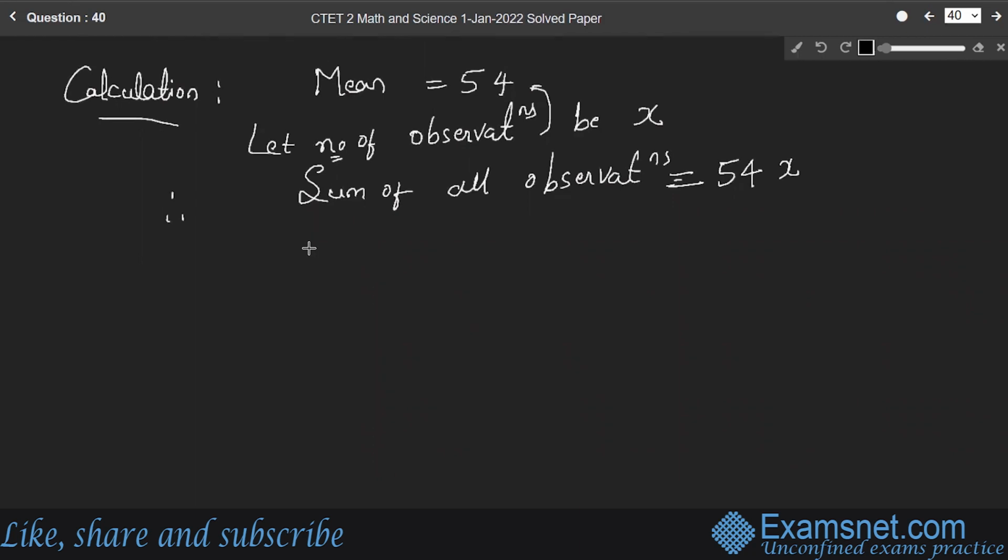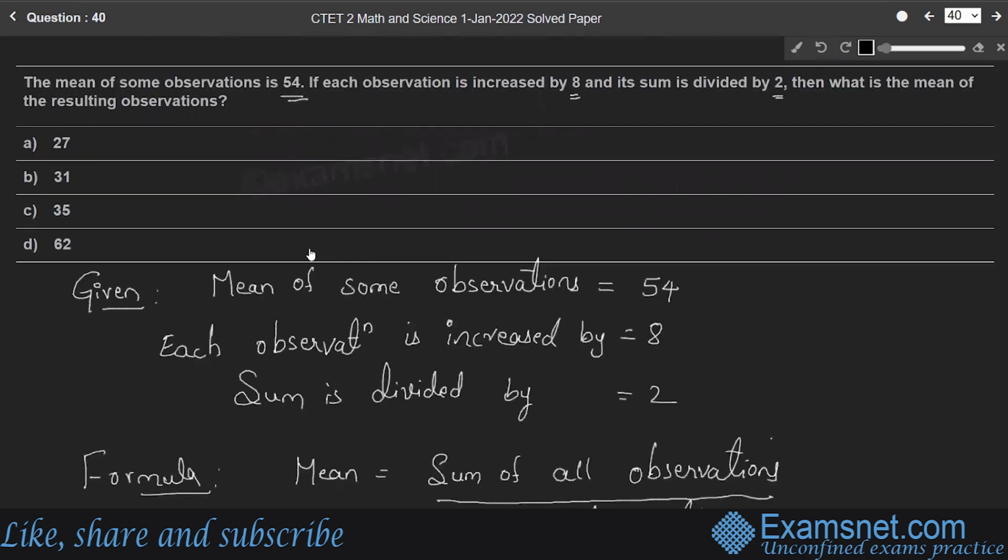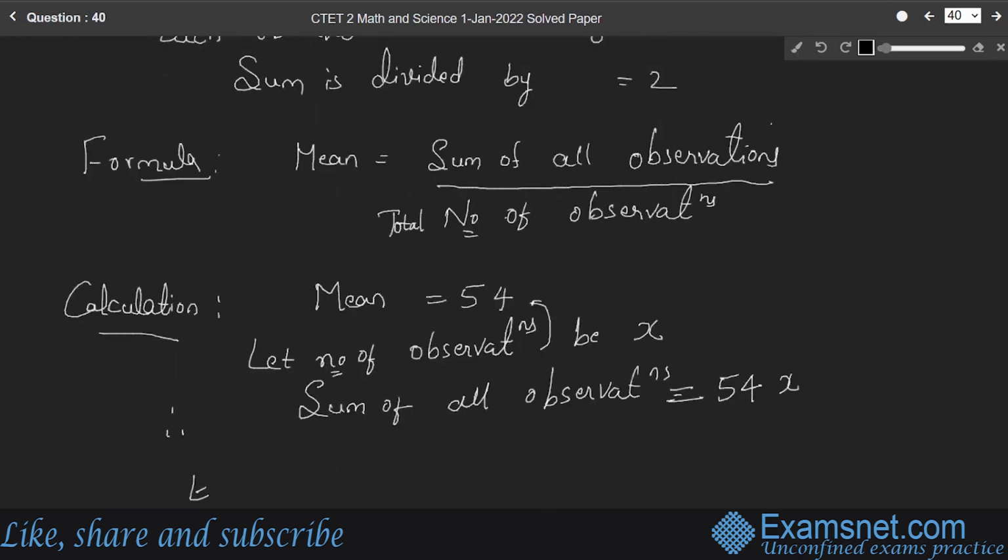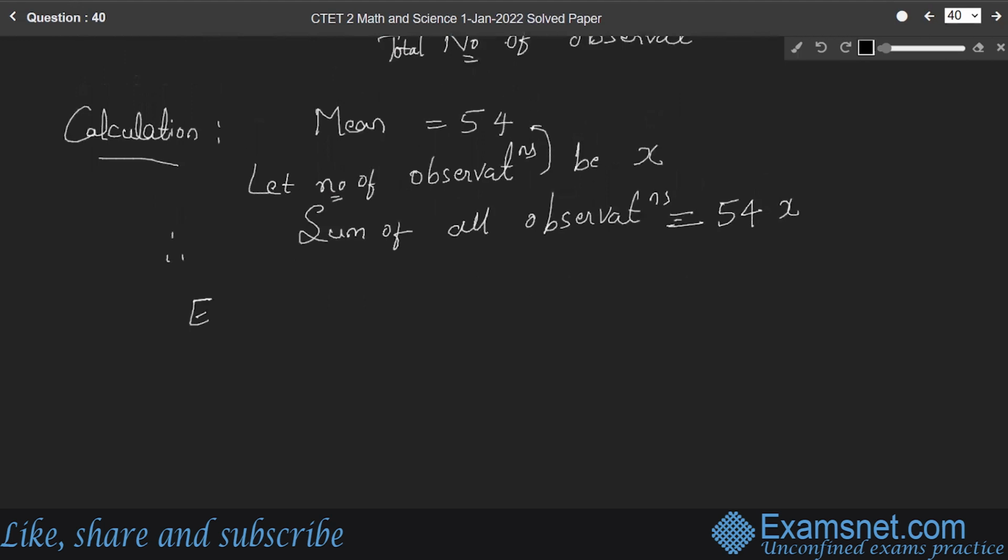So in the second case, each number is increased by 8. So let us write each observation is increased by 8.